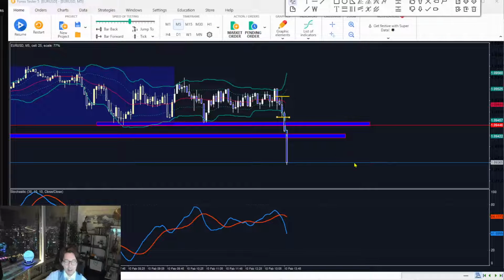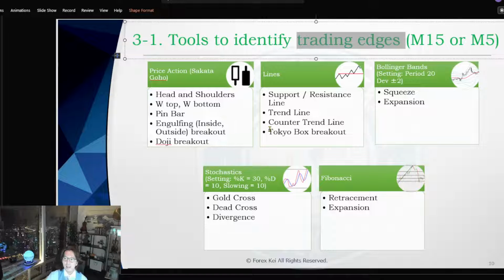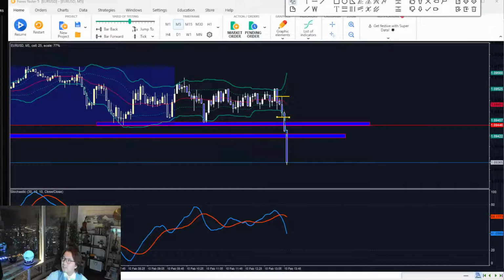Like this, I build up my confirmations based on the list over here, and then if I see 3 confirmations, then I enter trade. But if I do not see 3 confirmations, then I never enter trade. So that's how I enter trade, and that's my entry logic. Okay, yeah, so that's how I enter trade, okay.